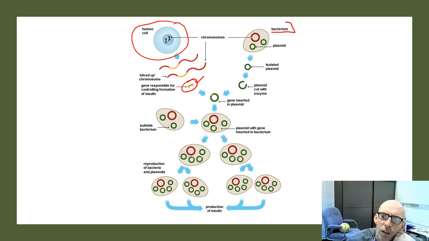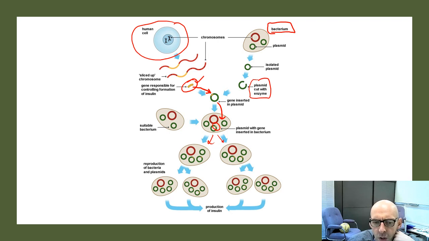Here is a bacteria that grows really, really quickly. And we take out some of the plasmid, the DNA from the bacteria, and we cut it open with an enzyme. And then what we've done is we've put that gene in here. So we've given that gene to the bacteria and put it back into a bacteria. We let it carry on asexual reproduction.